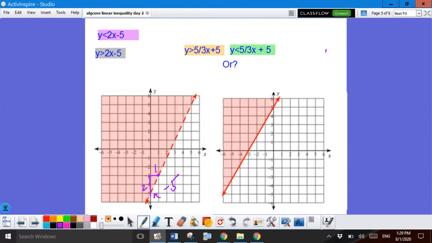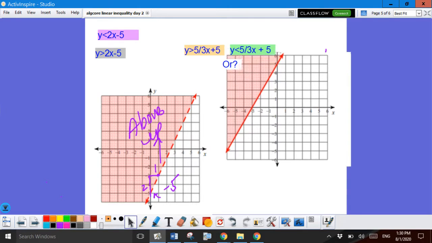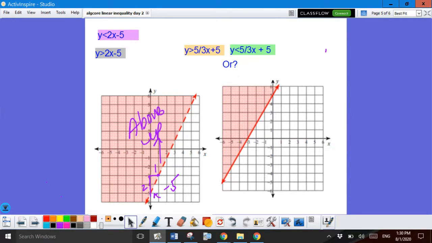So my slope is 2 over 1. But these are both slopes of 2 over 1. The question is, is it going to be the purple one that's pointing to the left, so that's less than, or is it going to be greater than? Well, this is above or up. And I know that if it's above or up, it has to be greater than. So this one is the gray one.